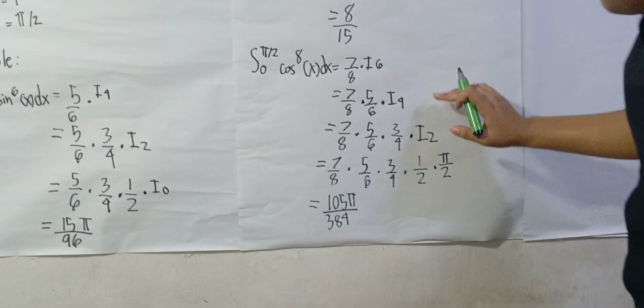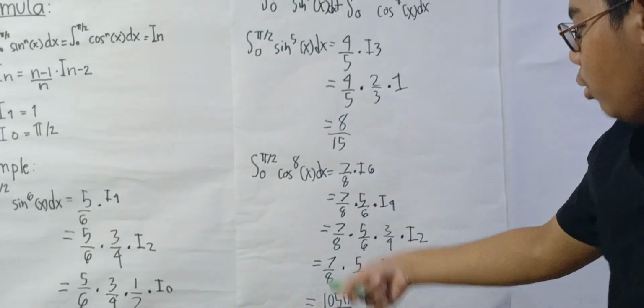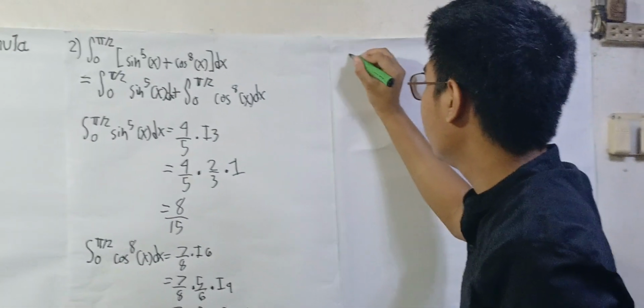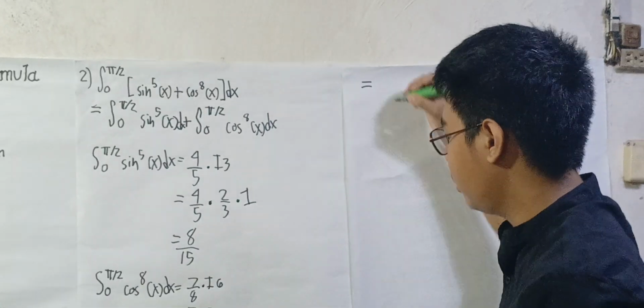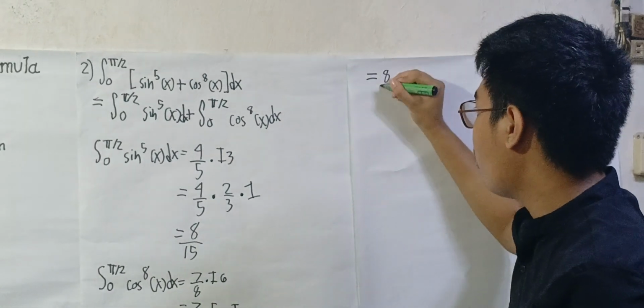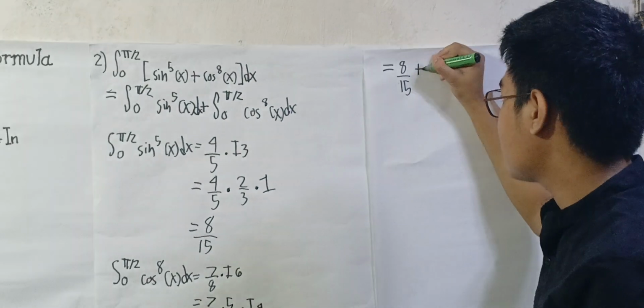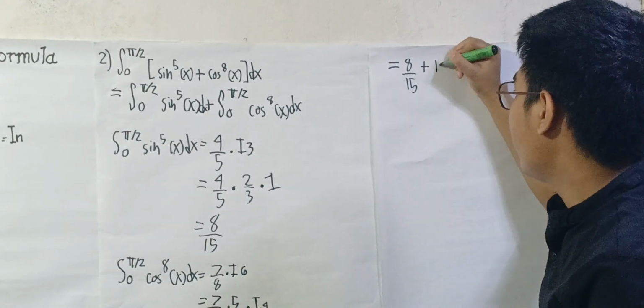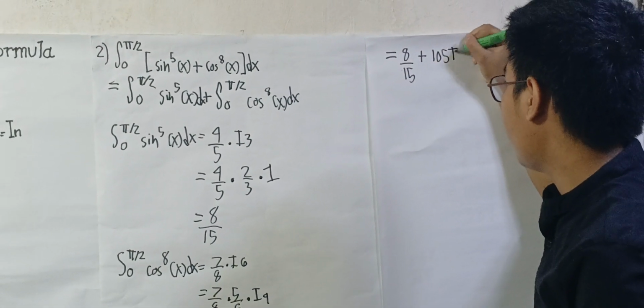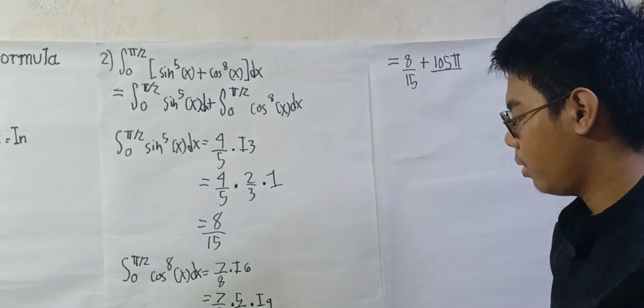Then we can just combine our two answers. This is our final answer: 8 over 15 plus 105 times pi over 384.